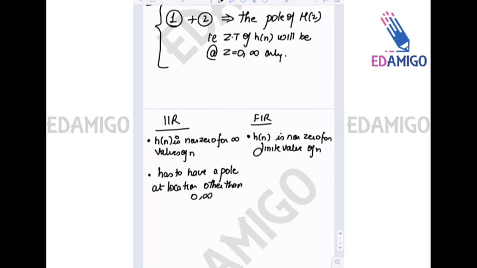So 0 and infinity can also be there, but there has to be a pole between 0 and infinity also.